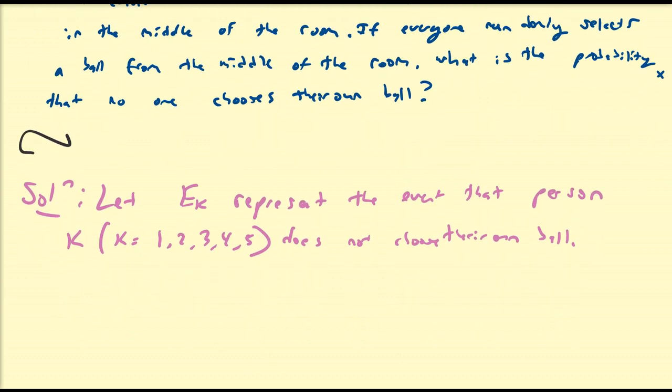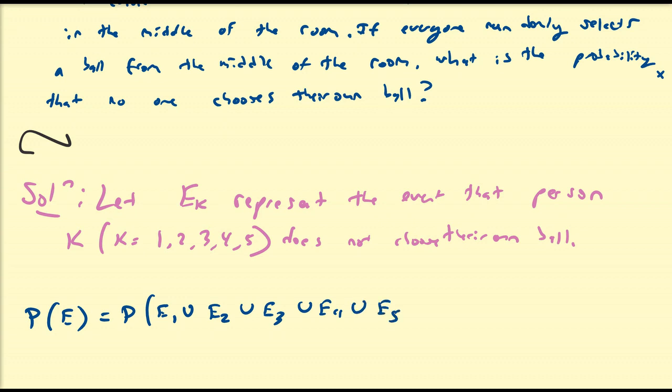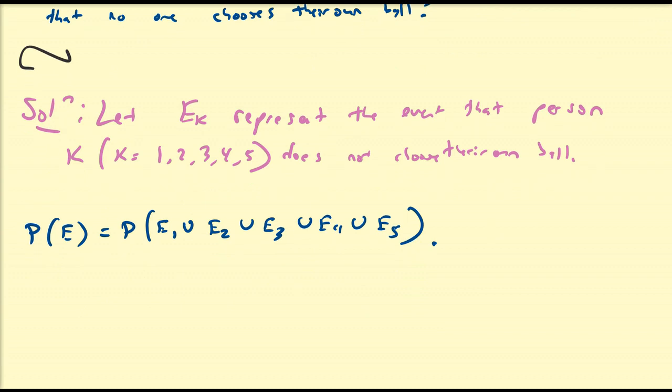So we're going to try and figure out the probability of E, which is going to be the probability of E1 union E2 union E3 union E4 union E5. So we're going to try and figure out a couple of small things first.